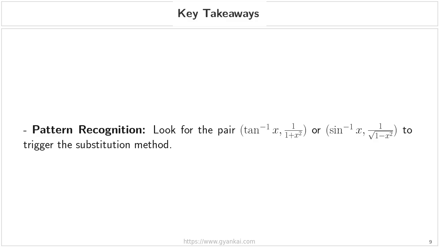Specifically, if you see the inverse tangent function, arctangent of x, alongside 1 over 1 plus x squared in the integrand, that's a huge clue that substitution is likely the way to go. Similarly, if you spot the inverse sine function, arcsine of x, paired with 1 over the square root of 1 minus x squared, that's another strong indicator. Recognizing these pairs will save you a lot of time and effort.